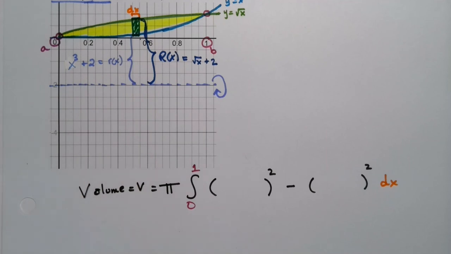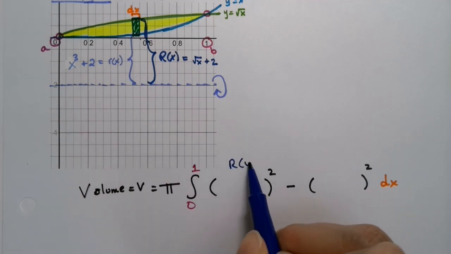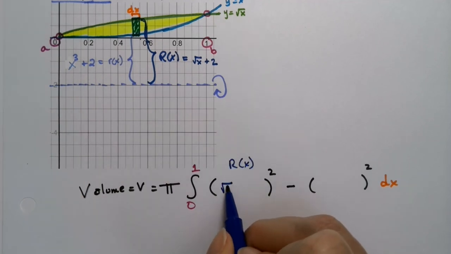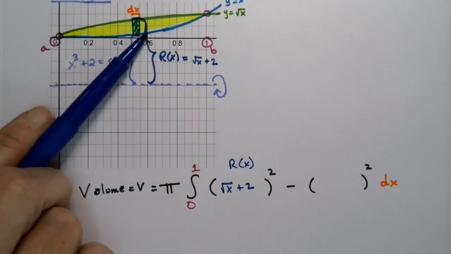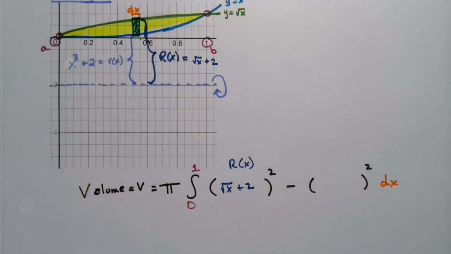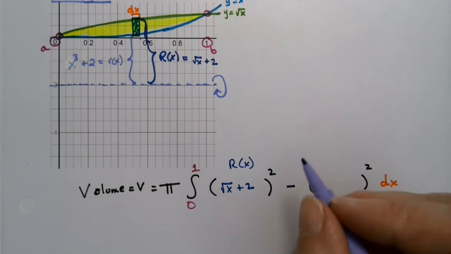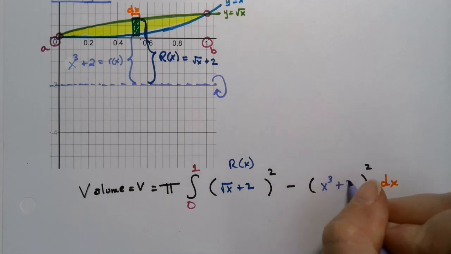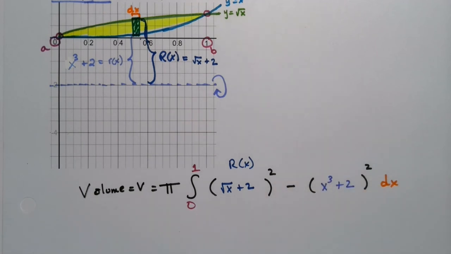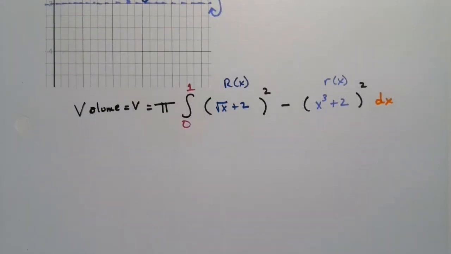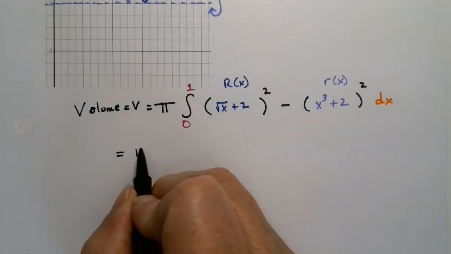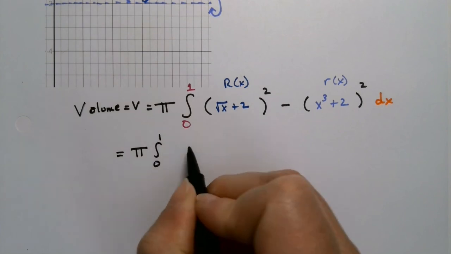All right, so capital R of x, again, was the square root of x plus 2. 2 to get me to the x-axis, square root of x to get me to the top part. This bit is x cubed plus 2. That's little r of x. And now I just have to work it all out. So this is pi times the integral from 0 to 1.